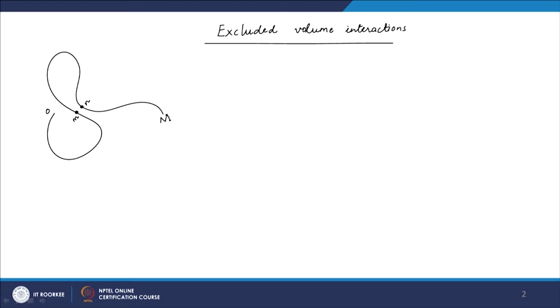In that case, we said that we can define the local concentration, that is the number per unit volume, as the sum over all the segments of a delta function of R minus Ri. The delta function is defined in a way that if I integrate it over the entire space, that is equal to 1.